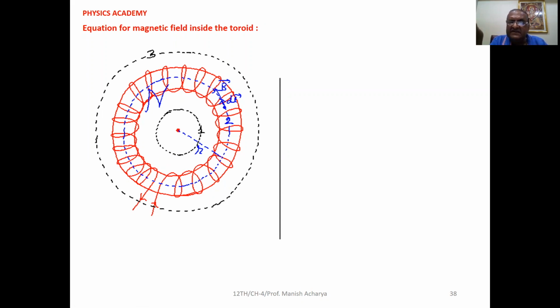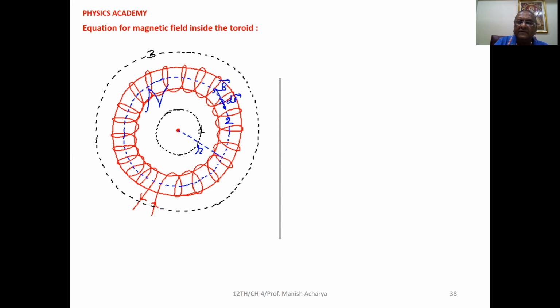If we consider the surface which is the cross section of the toroid, then for this particular loop, see the cursor here. Suppose the winding is going inside of that surface, then from the other side the winding is coming out, again going inside, coming out.